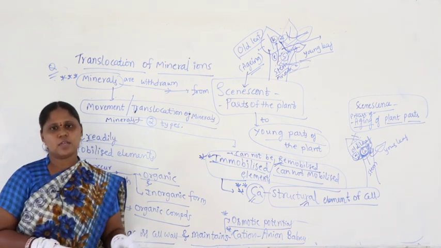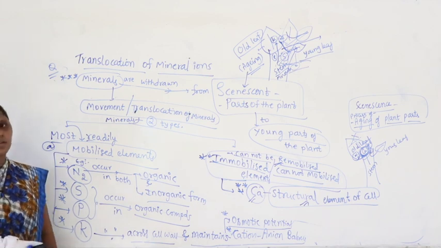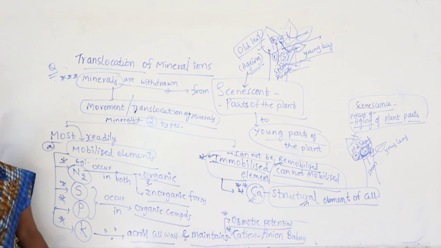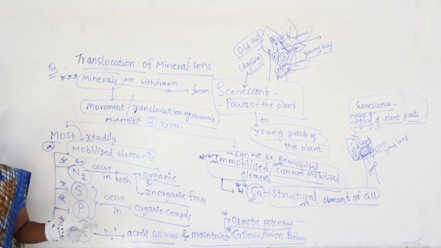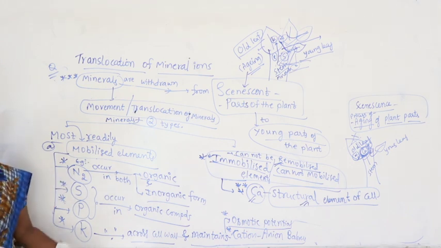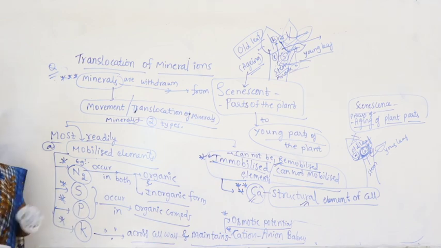We have two paragraphs, one in transport in plants and another in mineral nutrition, and you will get a conflict about sulfur. Do not get confused. According to the statement you have to take, sulfur can be mobilized in some metabolic processes. In some metabolic processes it exists along with calcium as an immobilized element. So, got it, now what we discussed: translocation of mineral elements.